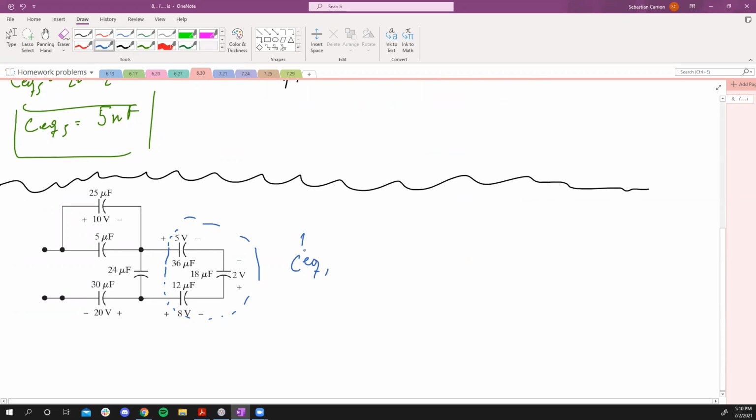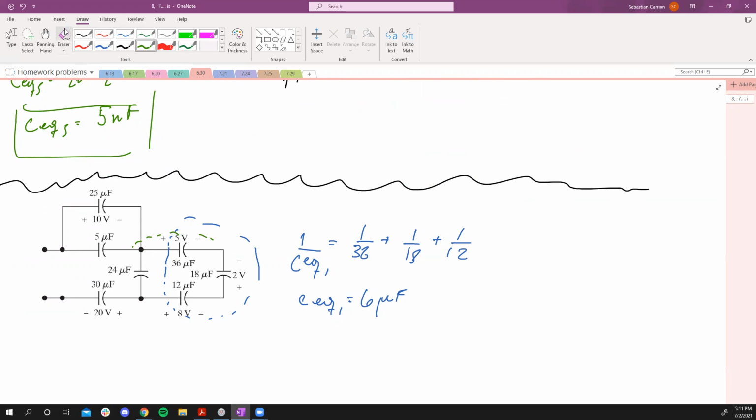C equivalent 1, I'm going to call this 1 over 36 plus 1 over 18 plus 1 over 12. C equivalent 1 is 6 microfarad.